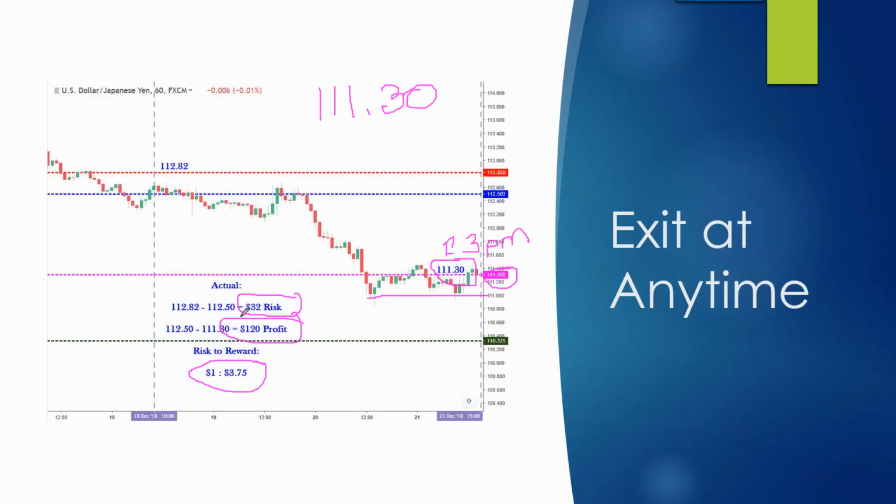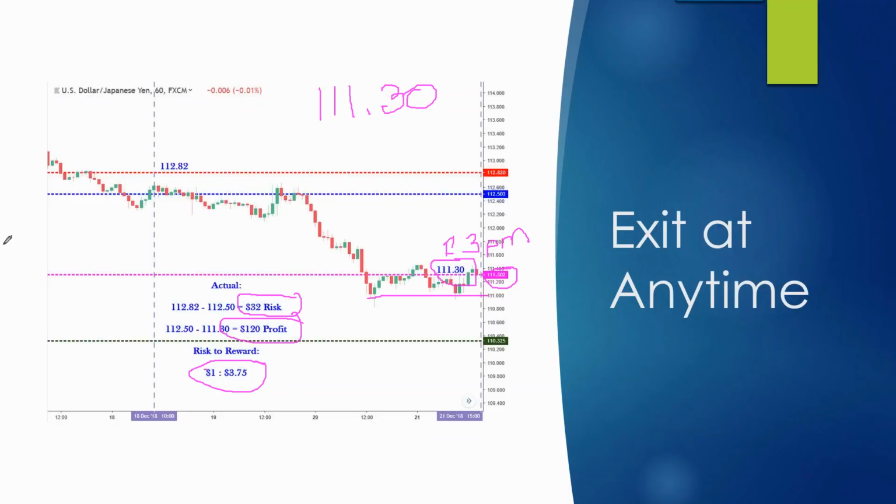And your profit would be $120, which is a risk to reward of 1 to 3.75. Any other questions on this?